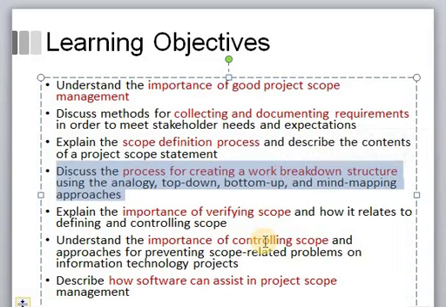And we will discuss the process of creating the work breakdown structure using 3 different approaches. Number 1, the analogy approach. Number 2, the top-down approach. And number 3, the bottom-up approach.